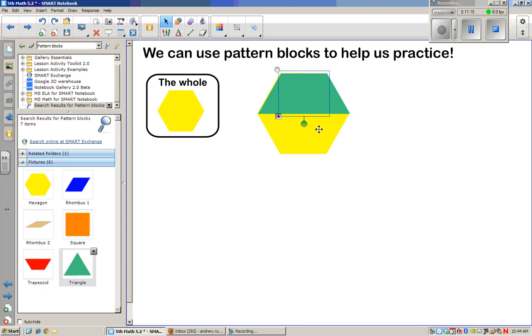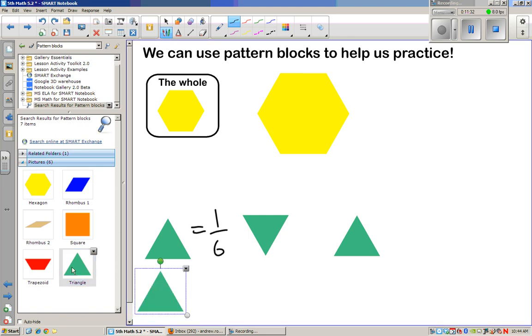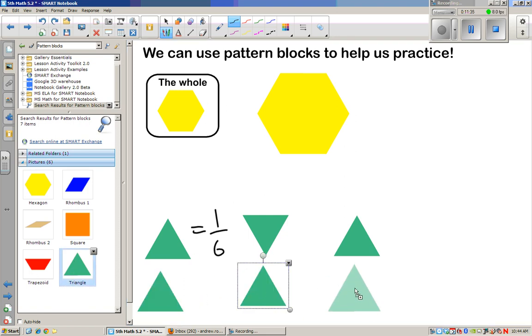So I would say the whole thing would be filled with 6. So I can take one of these triangles out of here and I can call it 1/6. And I can take this one down here and this one down here. And then I'm going to add another one, another one, and another one, and another one.